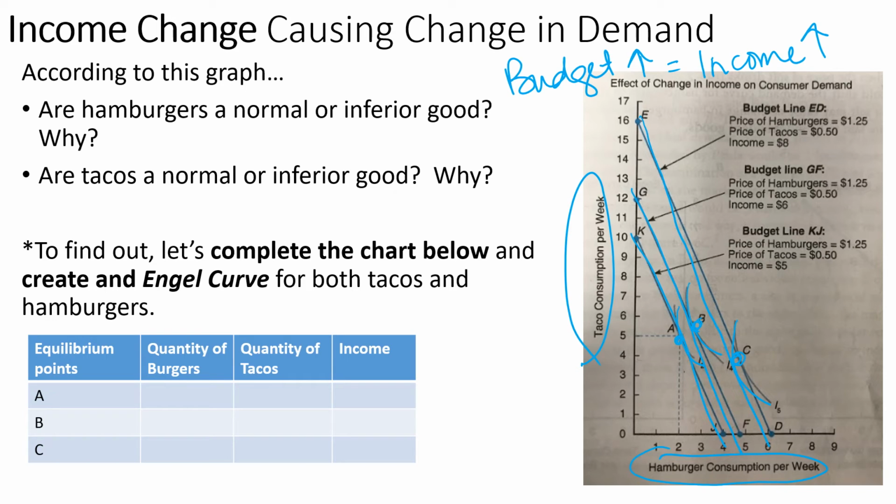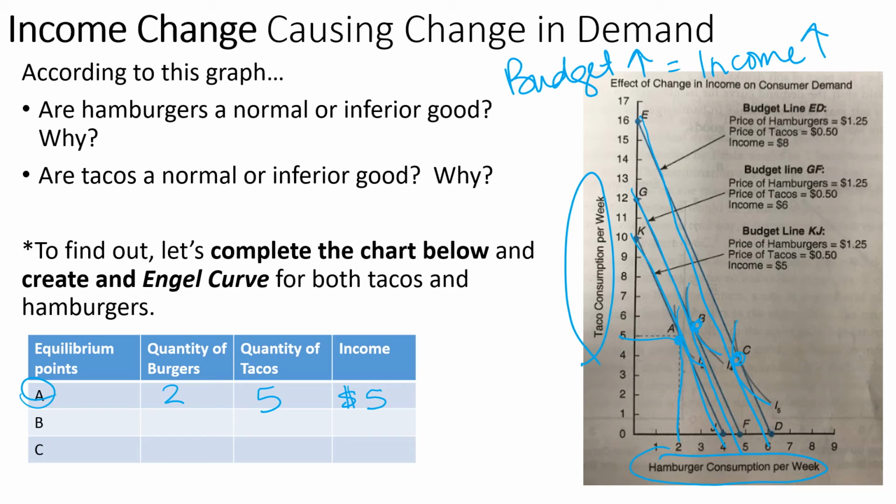So let's look at equilibrium point A. At equilibrium point A, the demand is 2 hamburgers and 5 tacos. And the income at line A is $5.